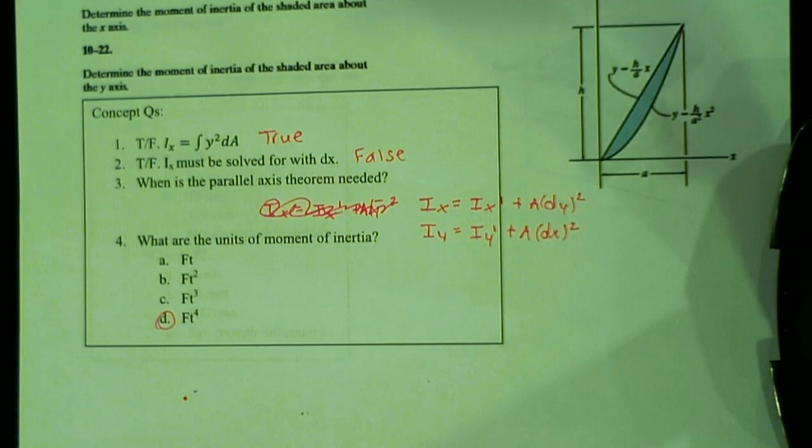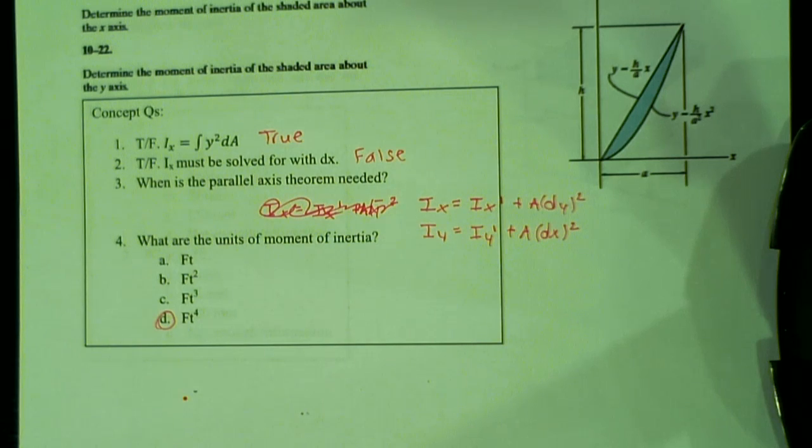This problem says find the moment of inertia of the shaded area about the x-axis and then about the y-axis. In order to make sure we get to the composite moment of inertia one, if you guys are okay with it, let's just do one of them. Do you want to do the x-axis or the y-axis?